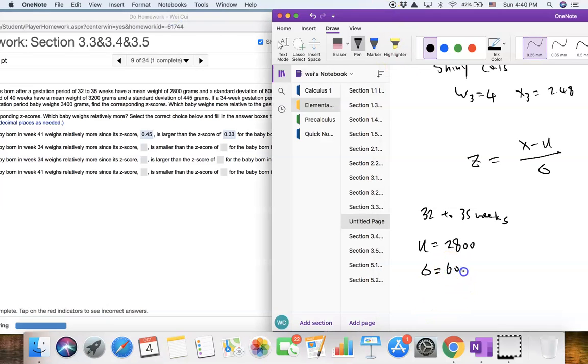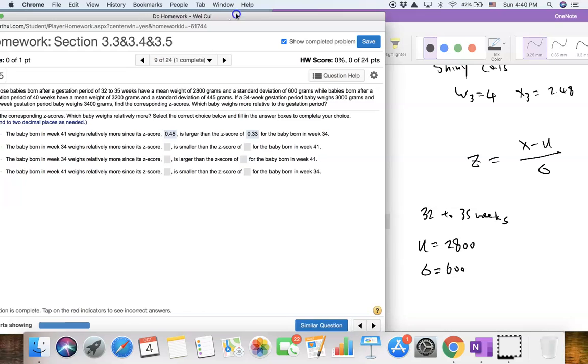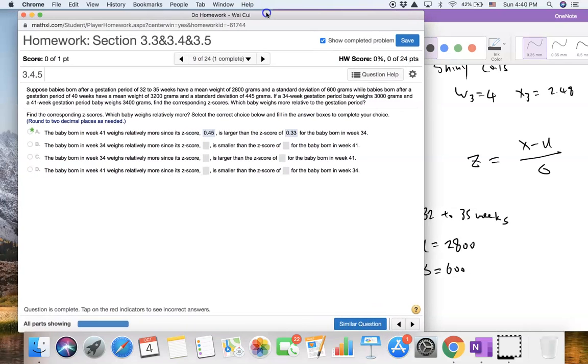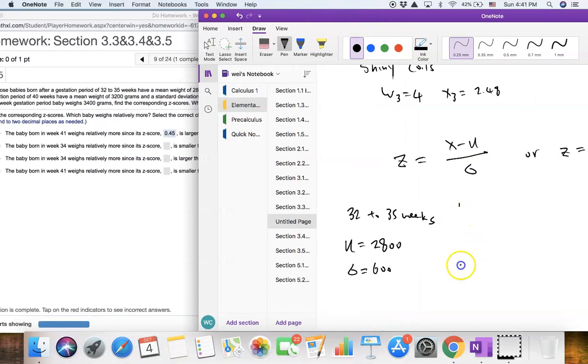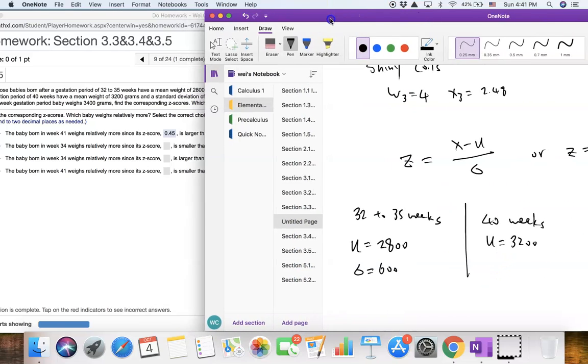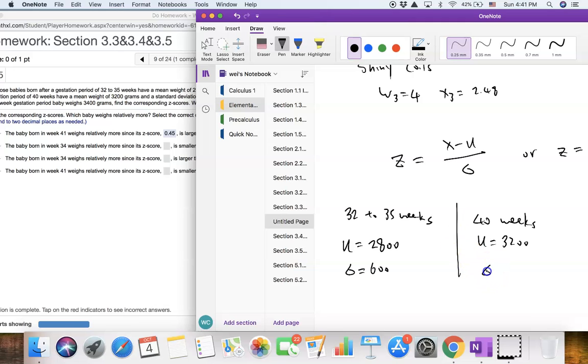And for a baby born after a gestation period of 40 weeks, the mean is 3,200 grams and the standard deviation is 445 grams.